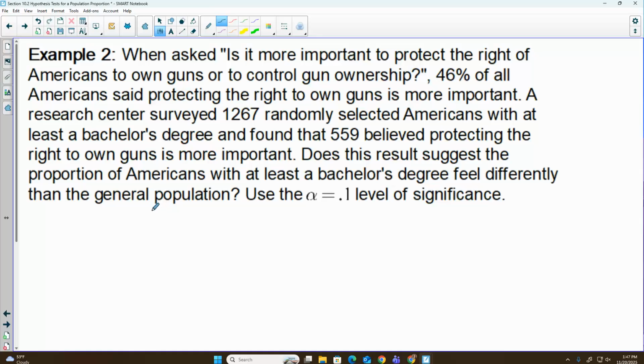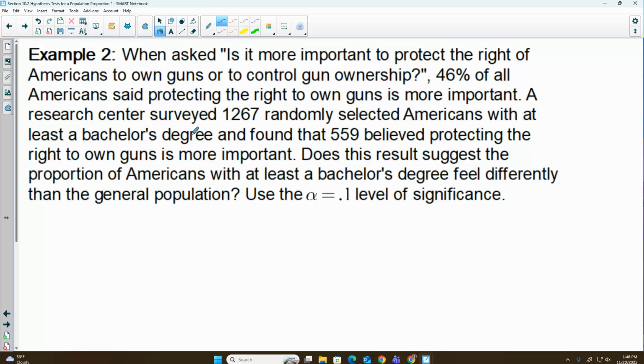So, let's look at another one. When asked, is it more important to protect the right of Americans to own guns or to control gun ownership? 46% of all Americans said protecting the right to own guns is more important.